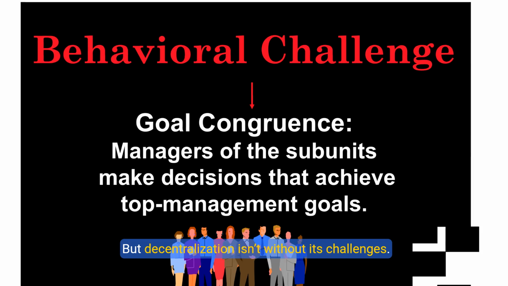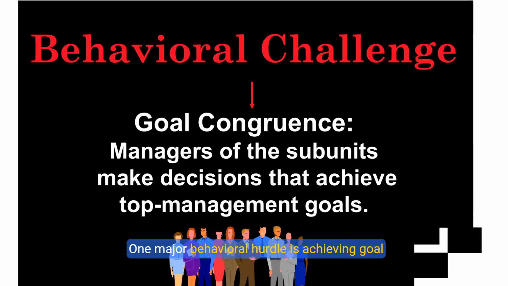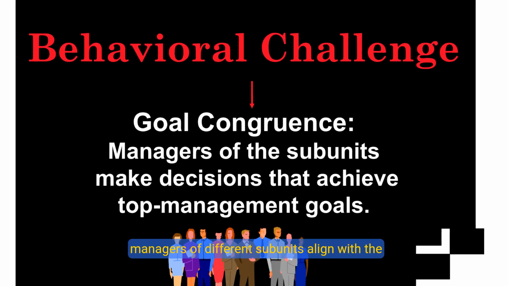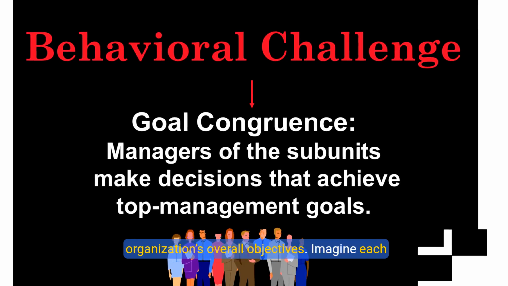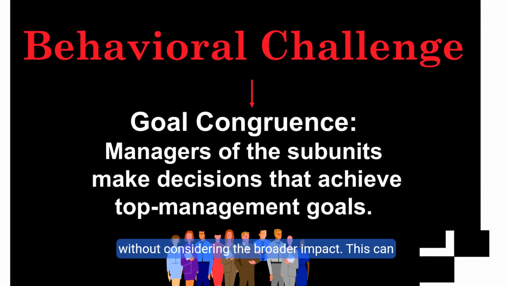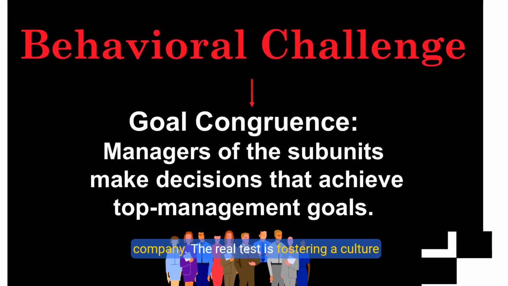But decentralization isn't without its challenges. One major behavioral hurdle is achieving goal congruence, making sure that decisions made by managers of different subunits align with the organization's overall objectives. Imagine each manager focusing only on their own team's success without considering the broader impact. This can create tension and even conflict within the company.